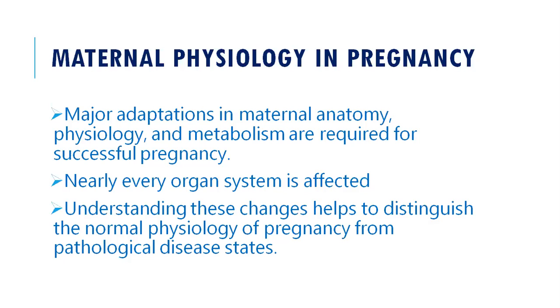So the normal physiological changes and the normal values in pregnancy vary from the non-pregnant states. Physiological changes are normal for pregnancy, but any abnormal values beyond that indicate some pathological states in the pregnancy.